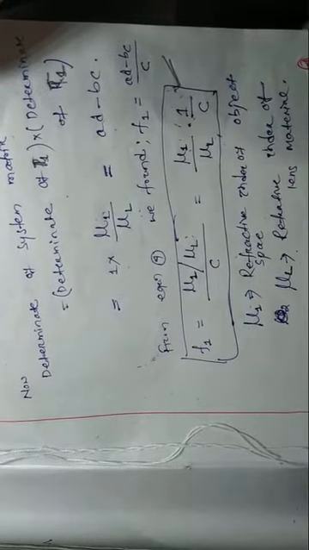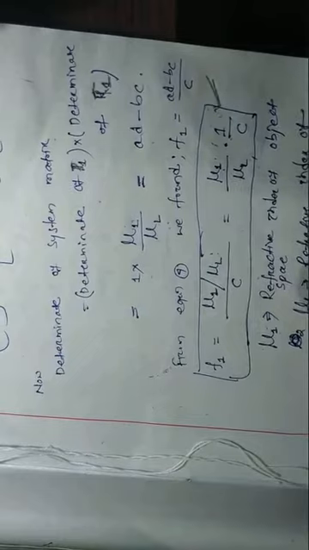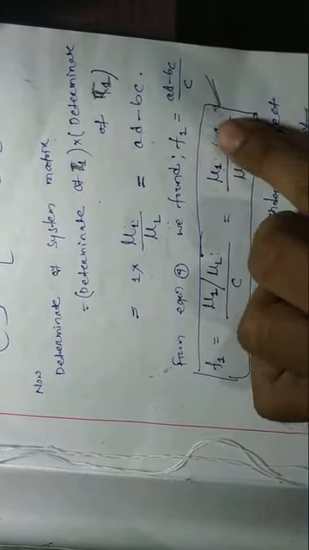For the first focal point we got the expression mu1 by mu L into 1 by c. If mu1 and mu2 are both equal, then it will be only 1 by c. Likewise, for the second focal point, it will be minus 1 by c.